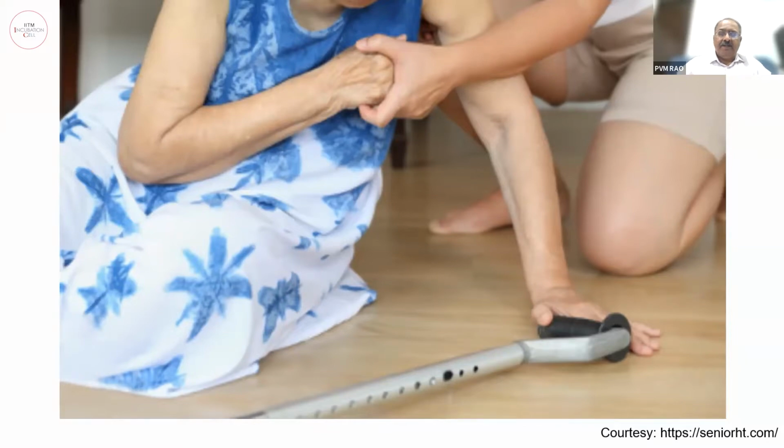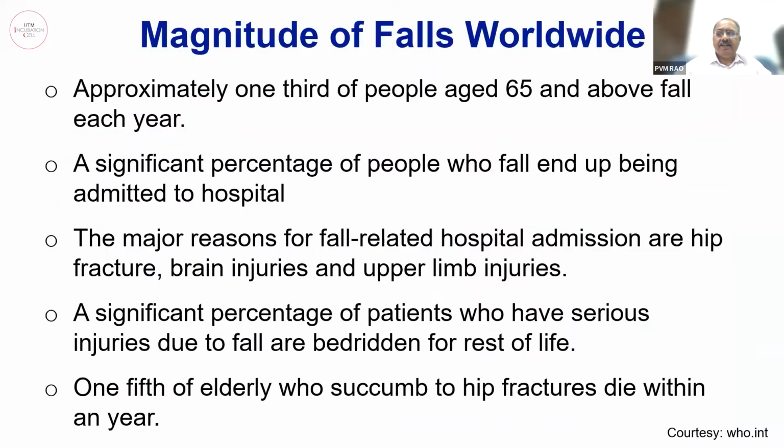And whenever the fall happens, the consequences are very, very serious. This is actually a WHO study, which has been done over a period of time, that the frequency of falls is very high. If you look at above 65, it's almost one-third of the people who fall every year.